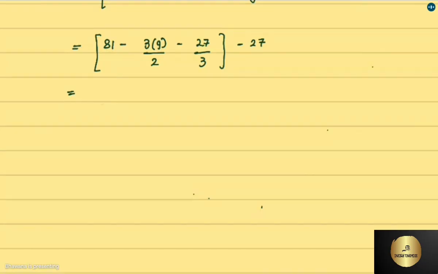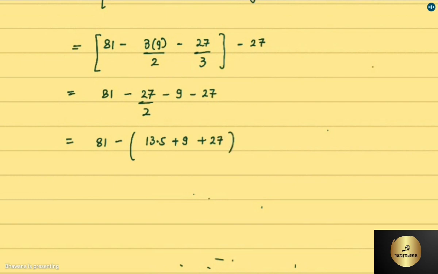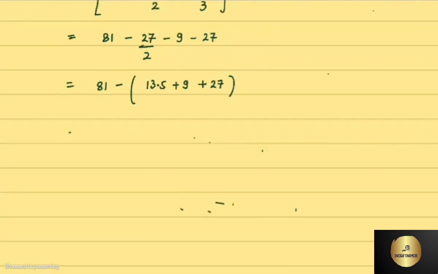ओके, अब इसे सॉल्व करते हैं. 81 minus 27 divided by 2, 9, 27. So in this case you will get 81 minus, ये पूरा टर्म माइनस में, तो इसको एक साथ इस तरीके से लिख सकते हैं 13.5 plus 9 plus 27.